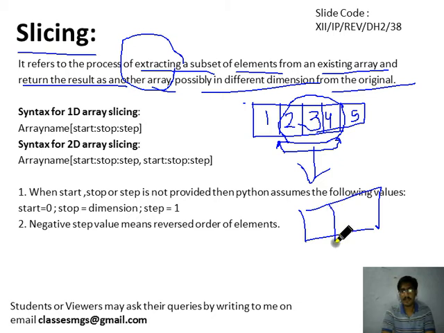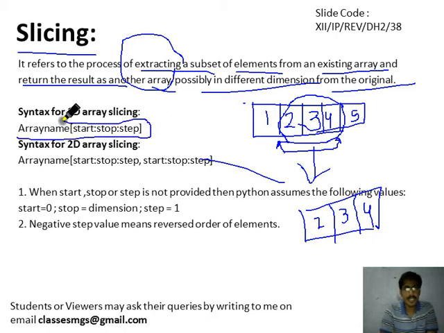So we will see how we can use this slicing concept to extract different values from this NumPy array. We will have 3 arguments to extract from the NumPy array: the start value from which we want to extract, the stop value up to which we want to extract, and the step.